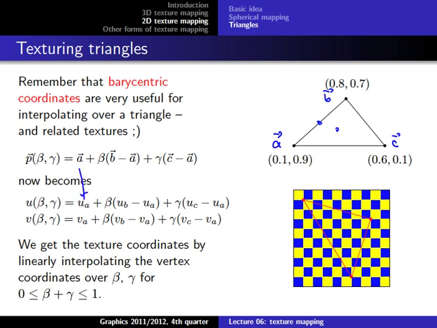So A becomes UA and B becomes UB. Actually, it should be vectors. Yes, of course. Here you see it. And then we can calculate them by modifying the parameters here.